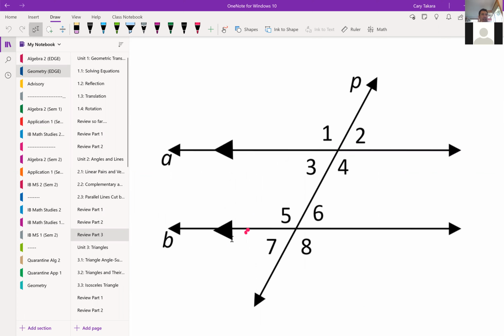I want you to just answer it, or you can just jot it down, okay? I'm going to give you two numbers, like angle 1 and angle 4. Let's do that first. Angle 1 and angle 4. What would you name it? Everybody type it in the chat. What's angle 1 and angle 4?